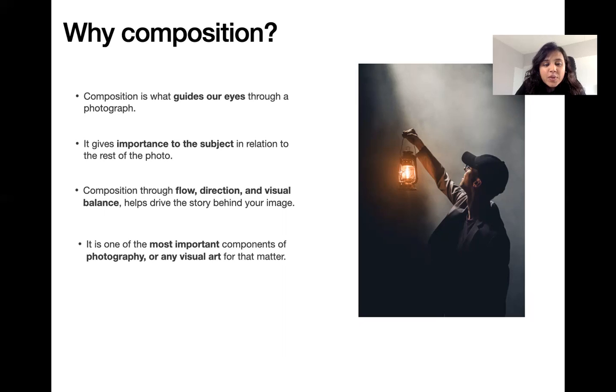It is also one of the most important components of photography or any visual art for that matter. Whether you're learning graphic designing or anything about visuals, composition is one of the key things to learn about. It is really subtle and really important to understand an image or the story behind the subject.